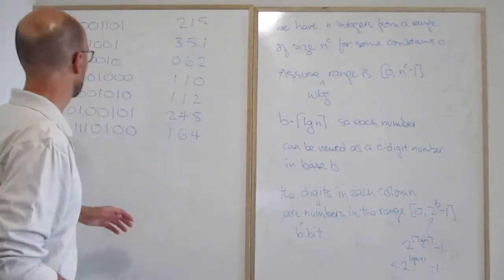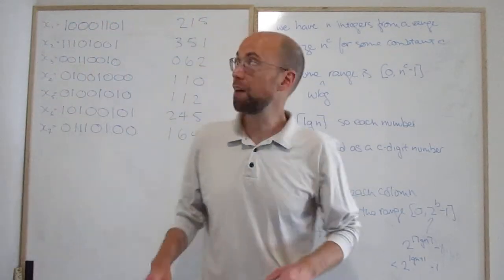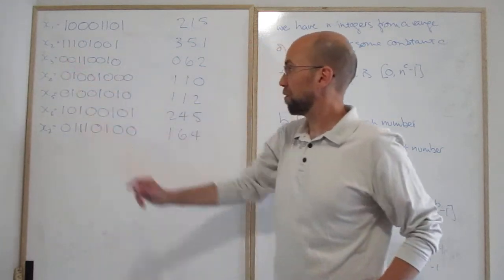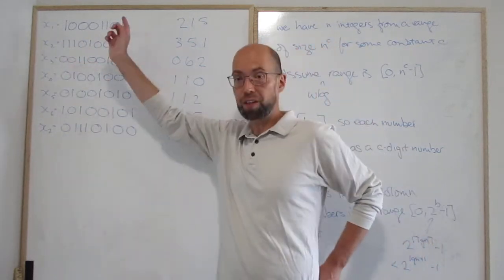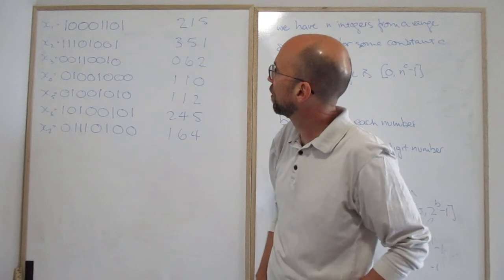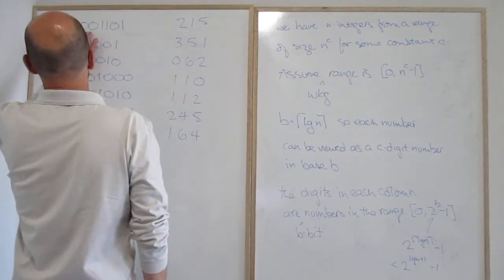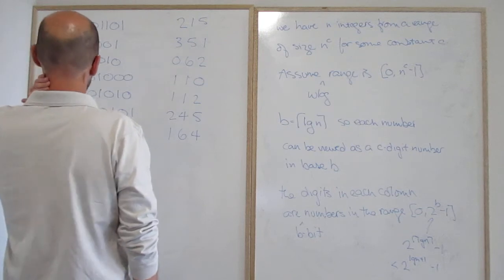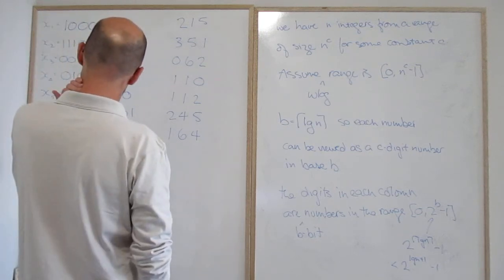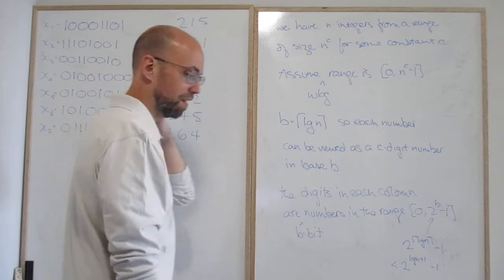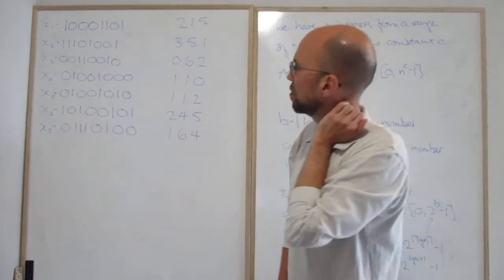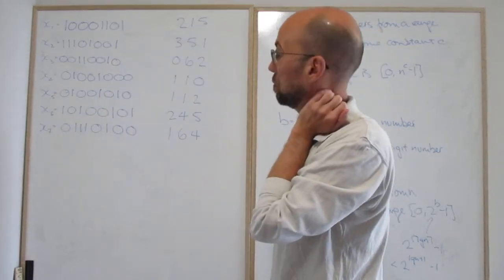Okay, so let's assume that we have these numbers x1 through x7, and these are binary numbers on, 2, 4, 6, 8 digits. I thought these were on 7 digits. Okay, anyway, it looks like they're on 8 digits.